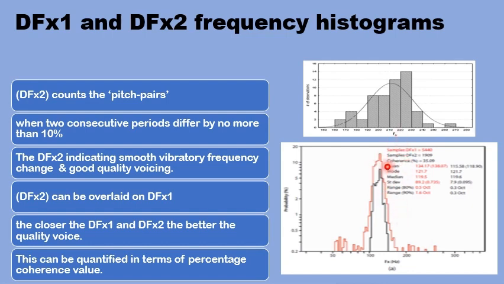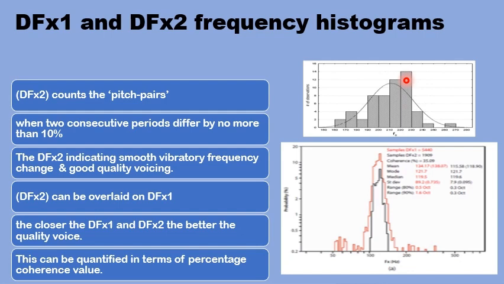On top of the red histogram, you can overlay another histogram, the DFX2, which contains in these bins the pair of successive frequencies that have been used during the utterance of this frequency. So all the frequencies in this column would be analyzed.